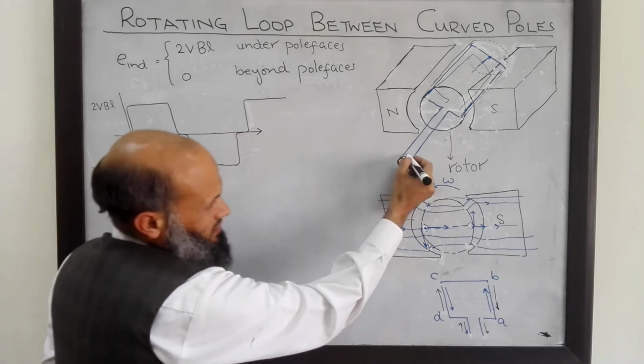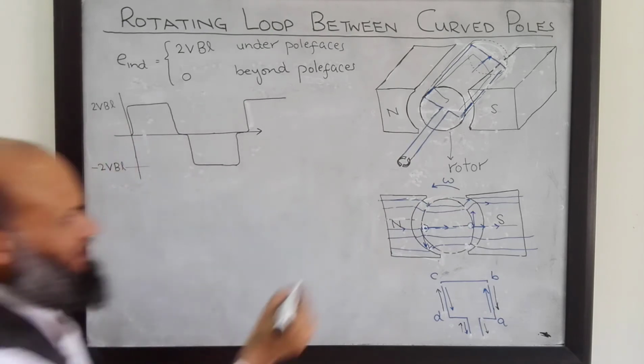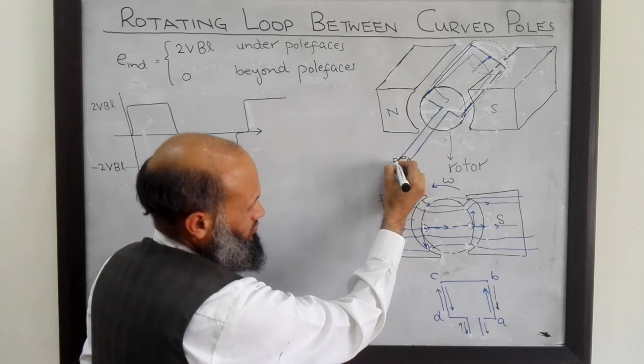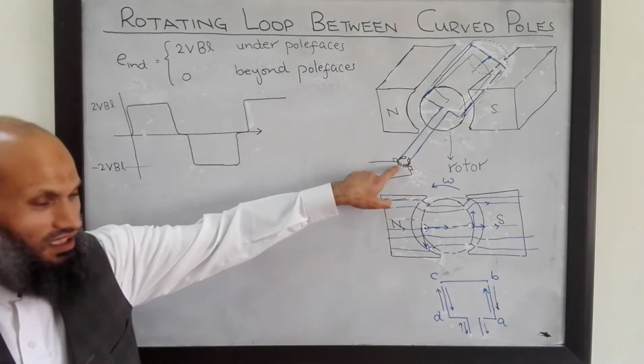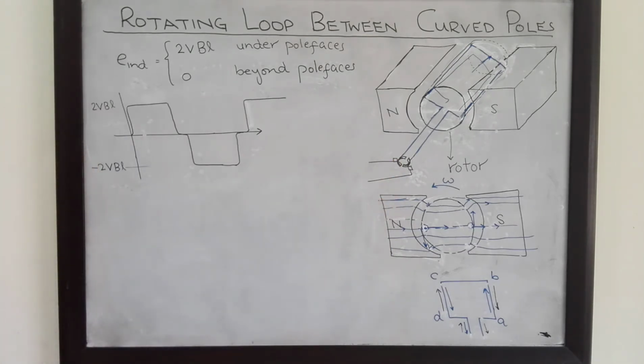We connect these wires with these split rings and place brushes over here. These brushes are in electrical contact with these split rings.